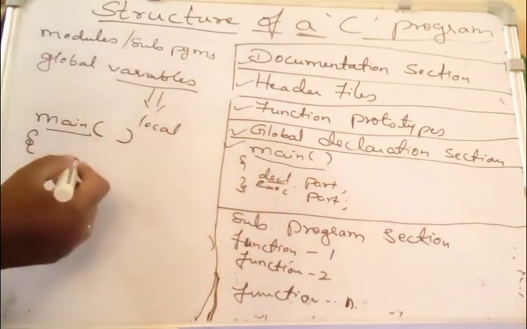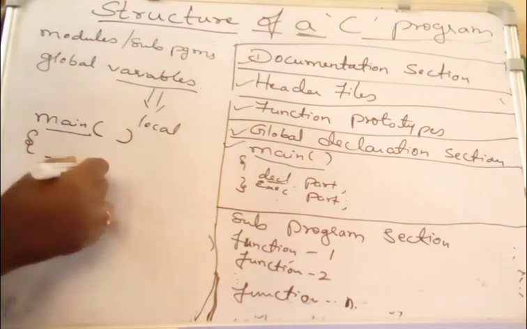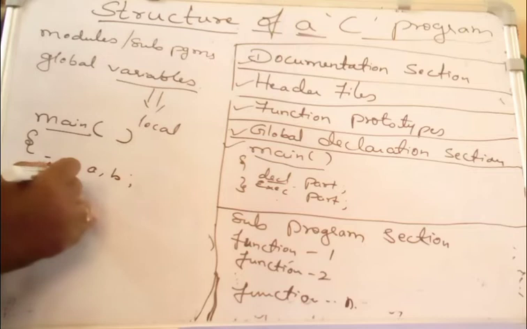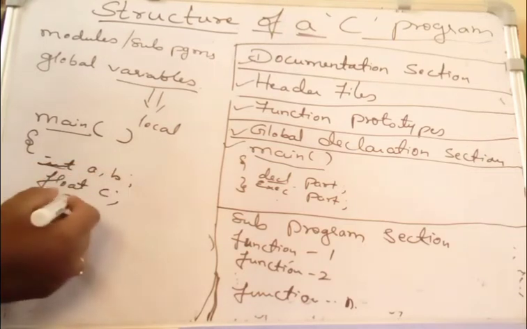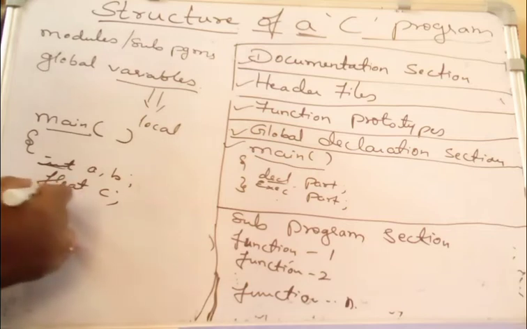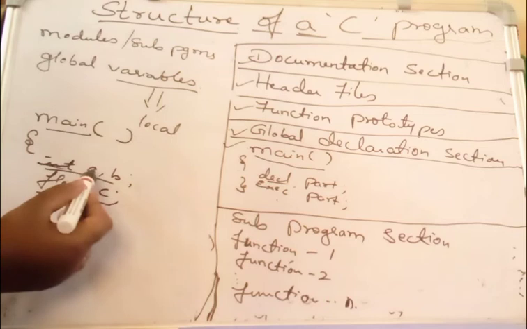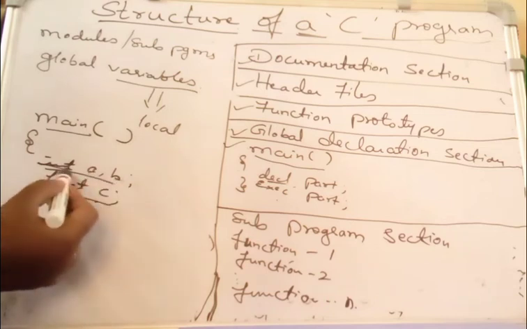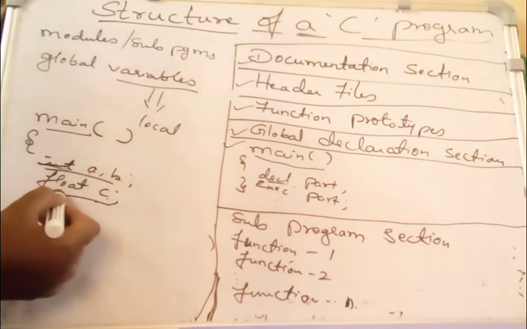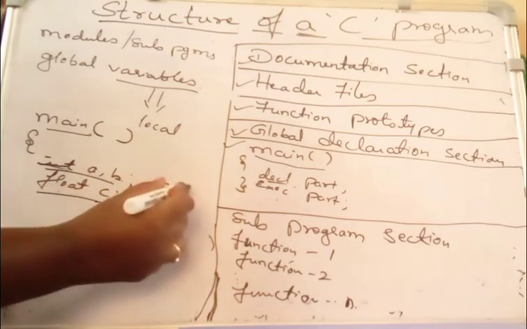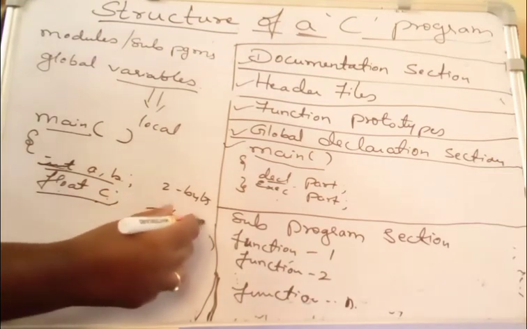Any variables you are declaring, like int a, b, float c, I am telling the compiler that a and b are of integer data type and c is of floating data type. So reserve 2 bytes of memory for each of these two variables and 4 bytes of memory for the variable c.